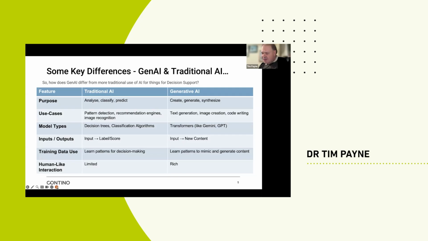So it's not actually thinking, it's not an intelligence in itself. All it's doing is mimicking based on the understanding of the positioning and the context of the data that you provide it.